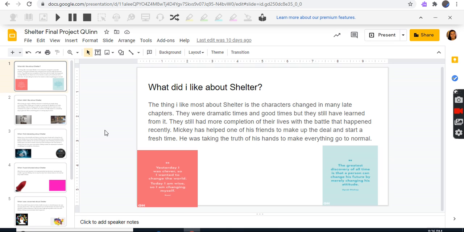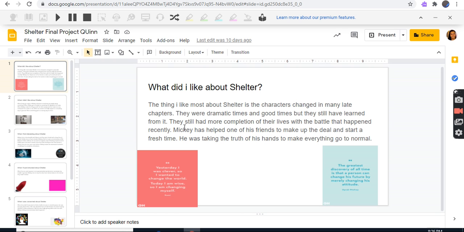So, what did I like about Shelter? The thing I like most about Shelter is the characters changed in many late chapters. They were dramatic times and good times, but they still have learned from it. They still had more completion of their lives with a battle that happened recently. Mickey has helped one of his friends to make up the deal and started a fresh time.